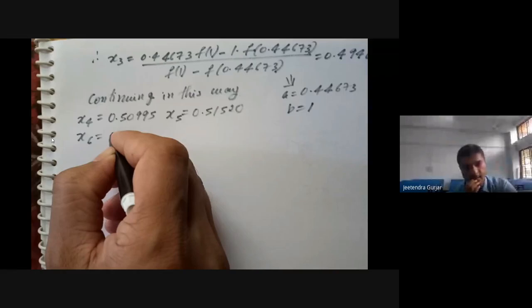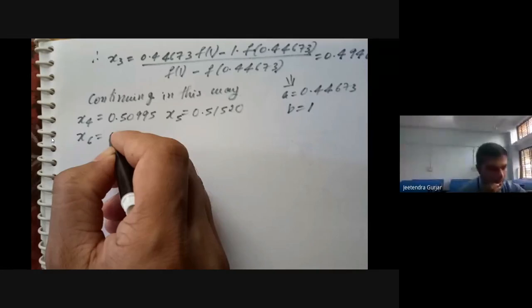Keep this in your mind, students. When they tell you 4 decimal places, take 4 decimal places for the next answer. So in this, for x5 it must be 0.5152 only. That is 4 decimal places, to get the correct answer in the next one.